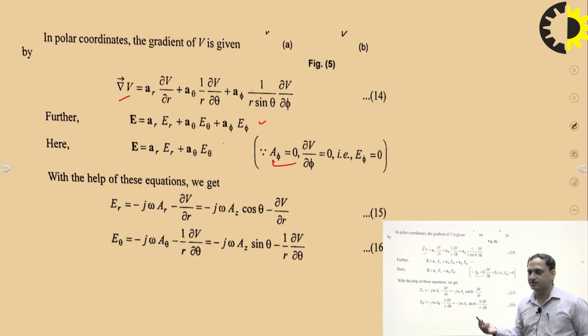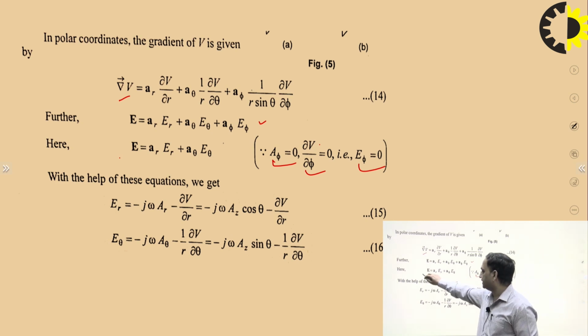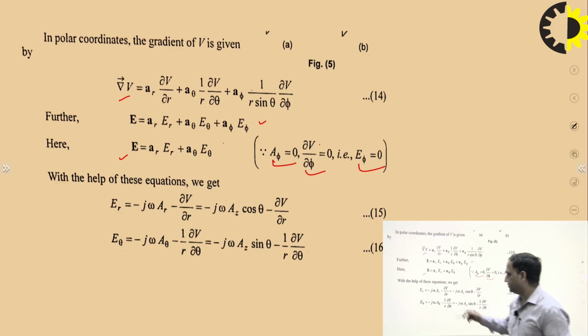So when A phi is 0, it means del V upon del phi will be 0, and it means E phi will be 0. So the electric field component will have only E R and E theta, not E phi. Okay, so that is why this electric field will be written as AR ER plus A theta E theta.